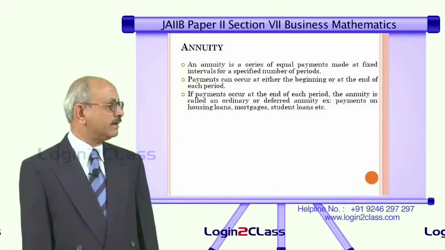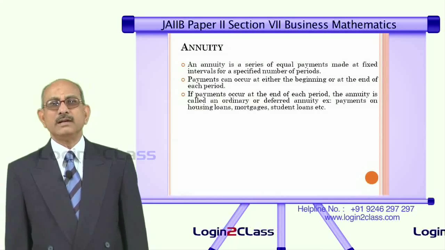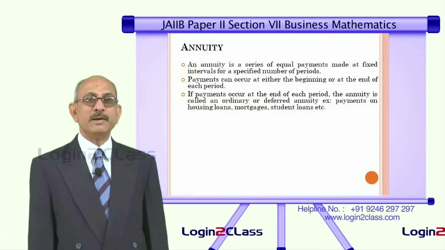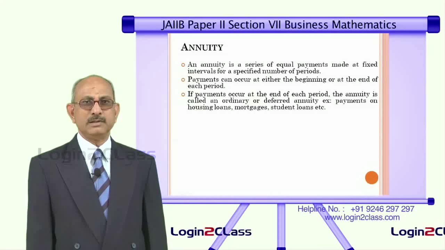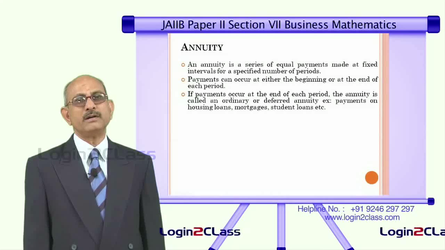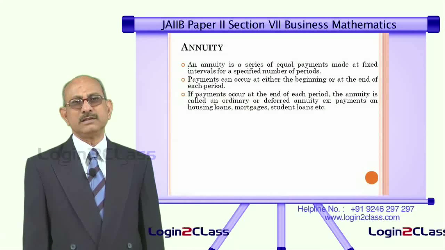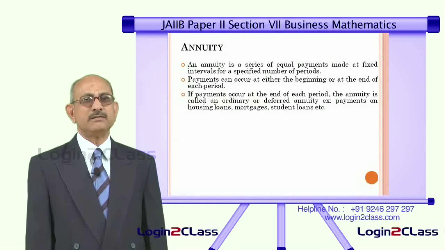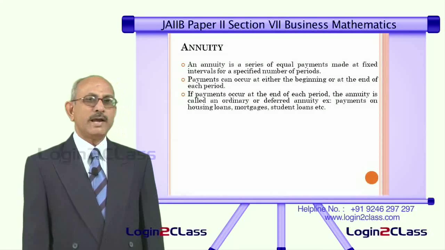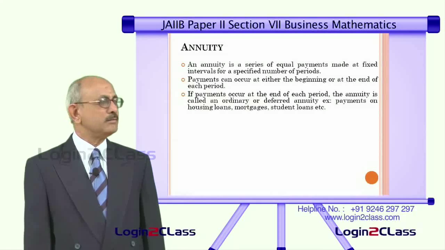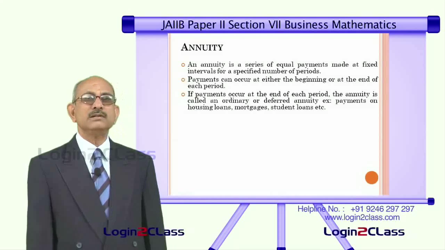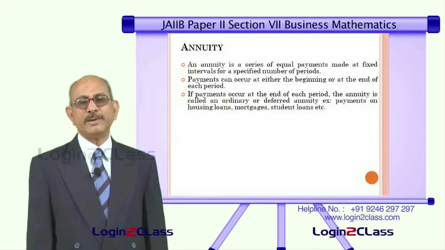Similarly, if you have got an LIC policy or a life insurance policy, you would be paying premium of a particular sum which is paid over a period of a number of years. So, the same amount at periodic intervals you are making. So, annuity is nothing but a series of payments of the same amount spread over a number of periods.